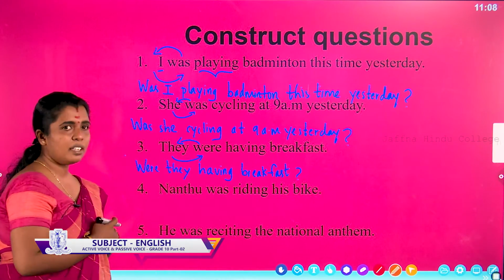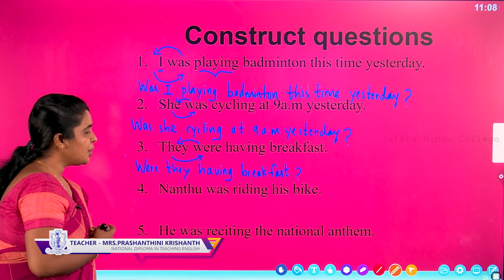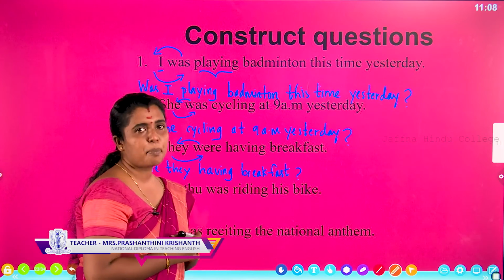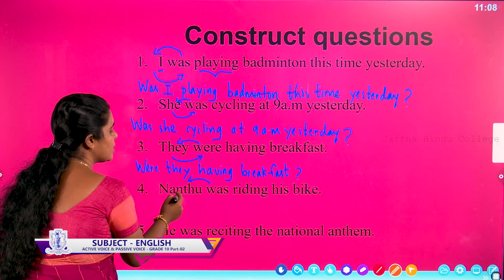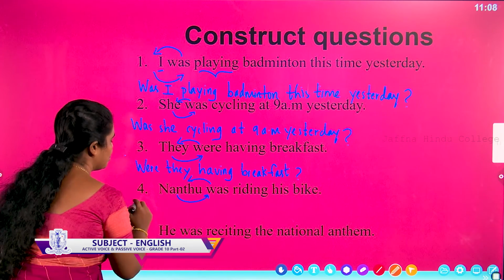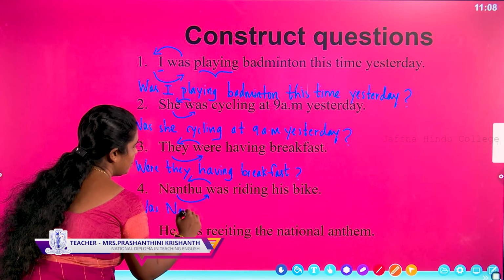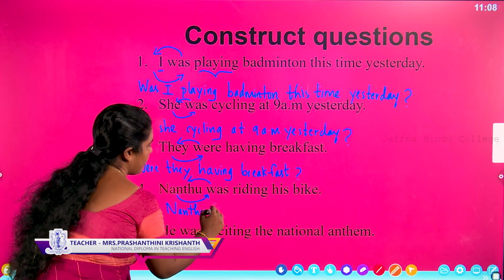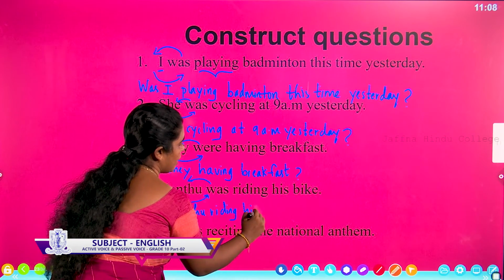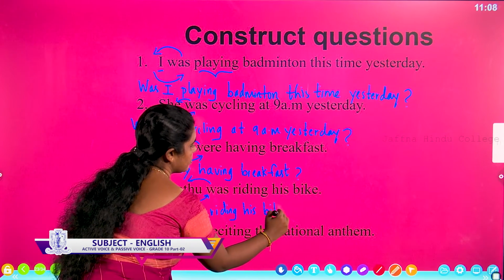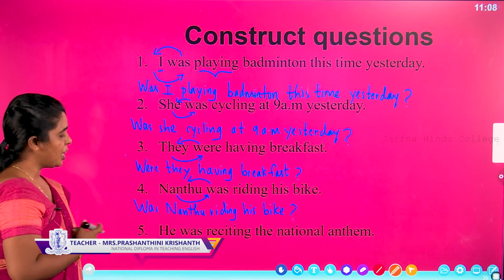Were they having breakfast? Number 4, Nandu was riding his bike. Okay? So, helping verb first, what is the subject? Nandu. So, was Nandu riding his bike? Right? Last question.